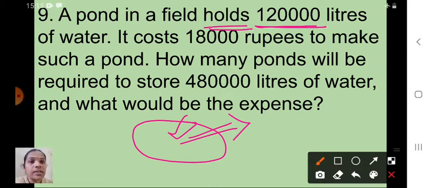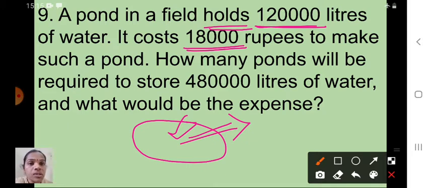It costs 18,000 rupees to make such a pond. So one pond holds 1,20,000 liters of water, and the cost to make such a pond is 18,000 rupees.